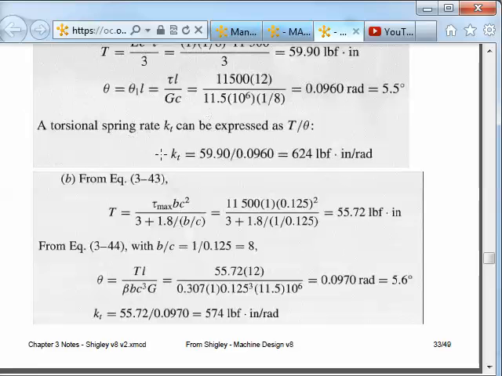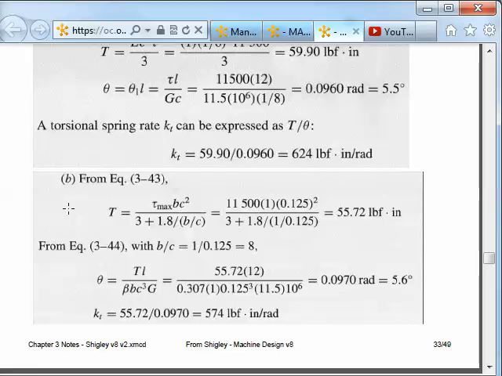And so our spring rate is the torque divided by the angle of twist in radians in this case. And we get 624 inch-pounds of torque per inch. Our radian is inches per inches.